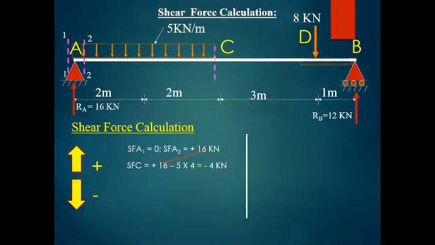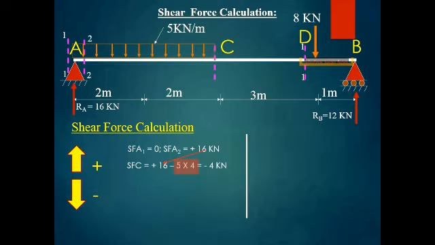So how much is the UDL? Now UDL is 5 and the distance is 4. This is very close to the point, so we are going to ignore this small distance. So from A2 to C, the distance will be 4 only. So I've got the answer minus 4 kilonewton.